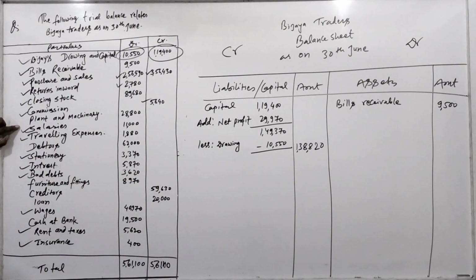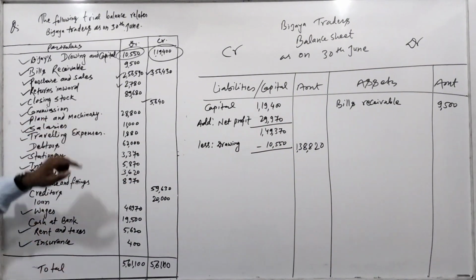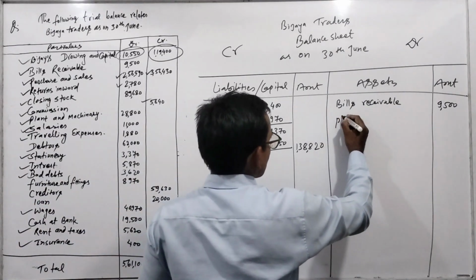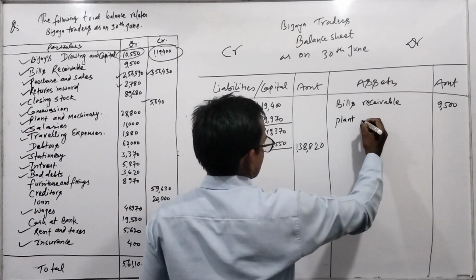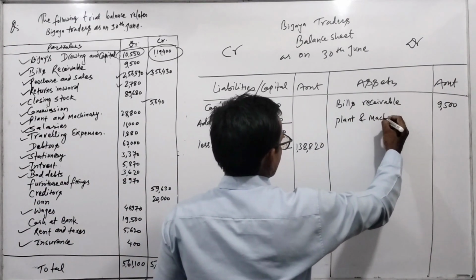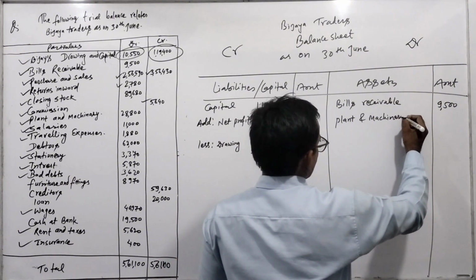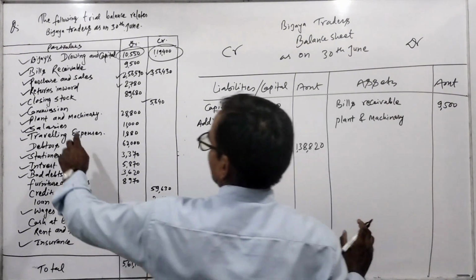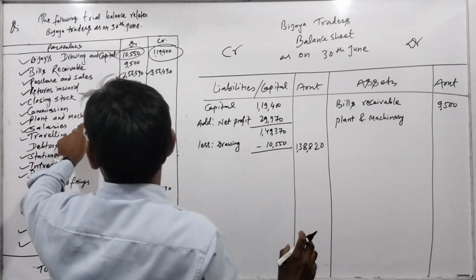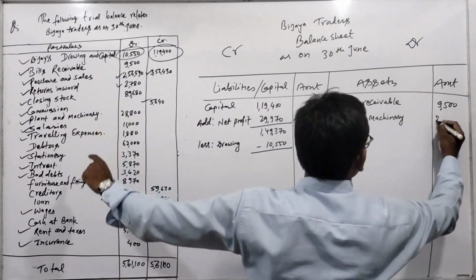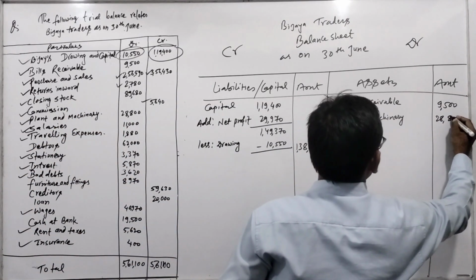So here is one thing remaining, plant and machinery. Plant and machinery are fixed assets, tangible assets, and that is recorded on the asset side. And the amount is 28,800.